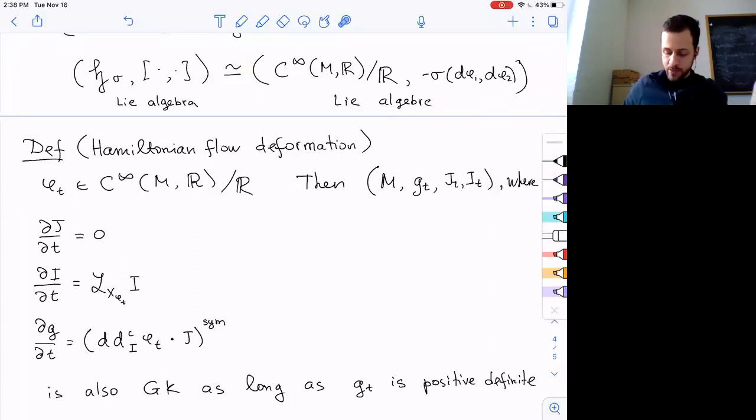It's local exactly because of this condition. We cannot act by any element of the group, because an action might make your metric not positive definite. But locally, if we act by an element in a neighborhood of the identity of the corresponding Lie group, you will get a new generalized Kähler structure.